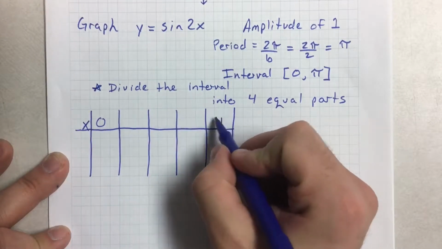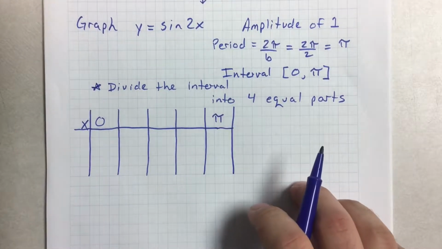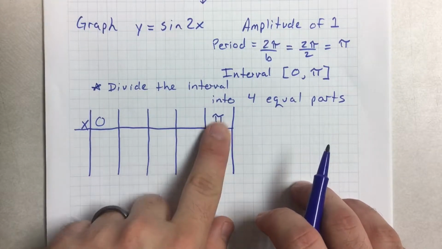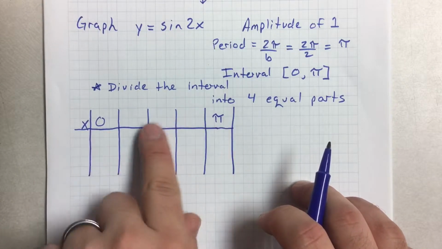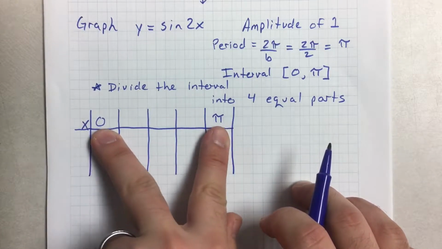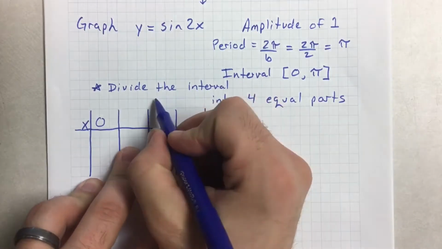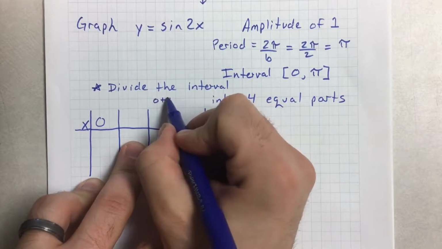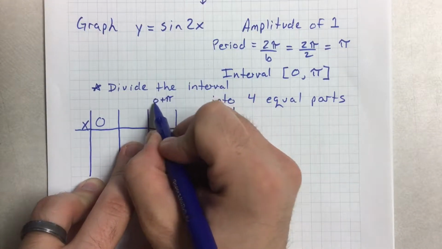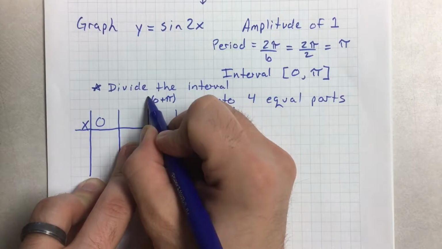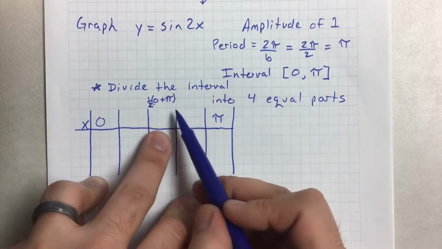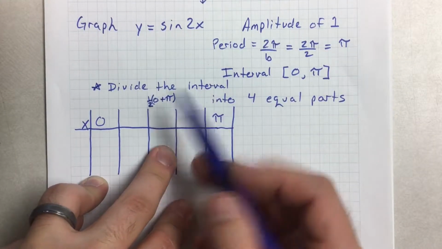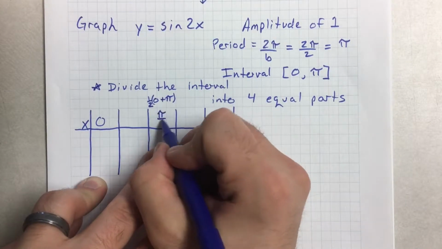So 0 and pi. Now, to find these parts, to find the exact middle, we take the midpoint of these two. So that is 0 plus pi, and we multiply that by 1/2. Now we're going to do some of this mentally. So that's pi times 1/2, which is just pi over 2.